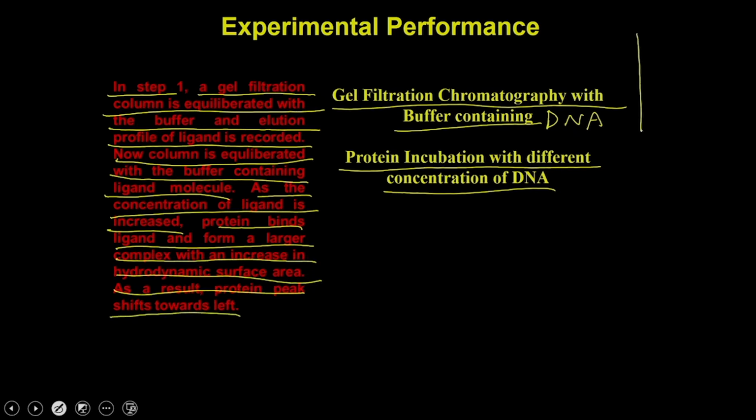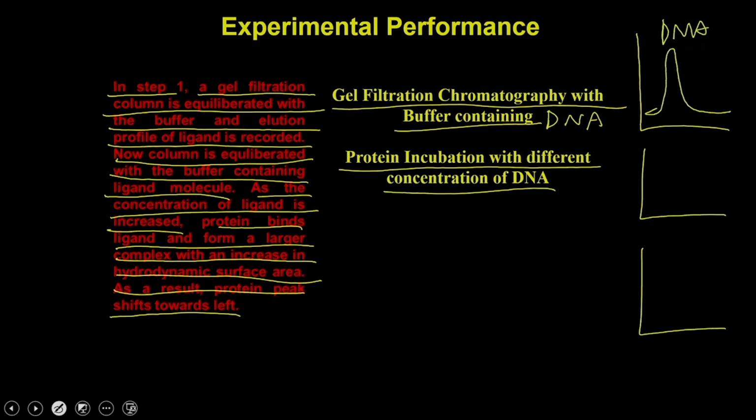In this case, what you are supposed to do is run three gel filtration runs. First for DNA. DNA is very large, so it is going to give you a peak. The second, the protein, is also going to give you a peak. And then for the DNA-protein mixture, you are going to get an intermediate peak.